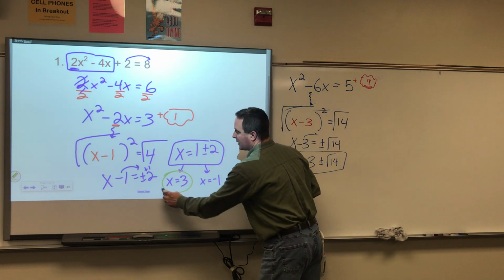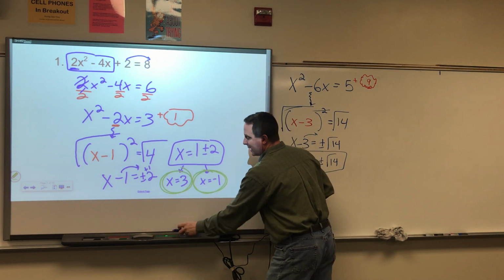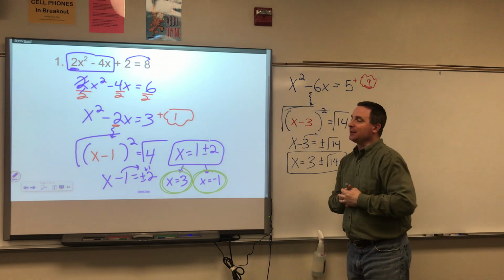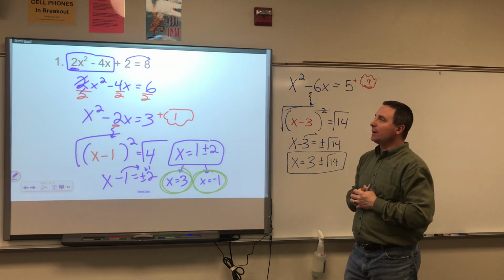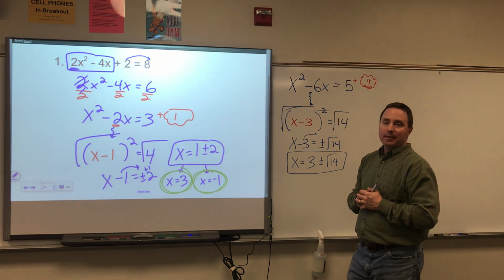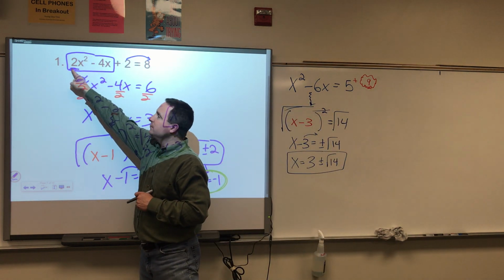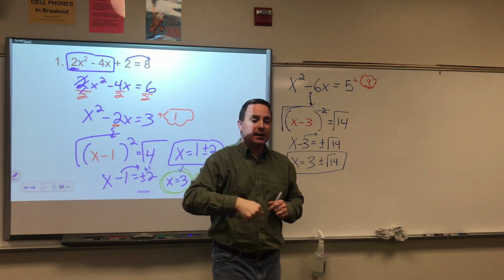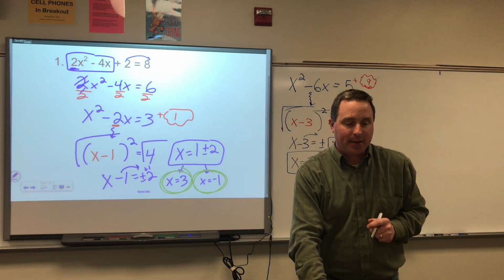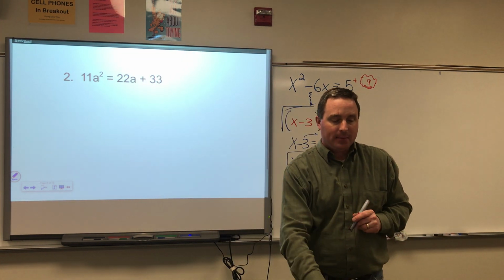So these are the 2 exact answers that we want. If it's a perfect square, we should be able to go one step further. Okay, good. But again, the thing that was different about that one is it had a coefficient. We just got the x's on the same side, and then we divided by that coefficient.